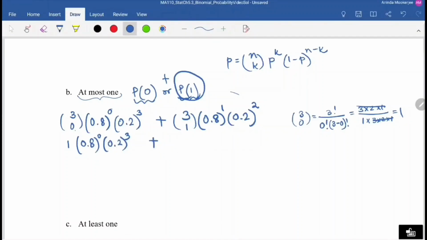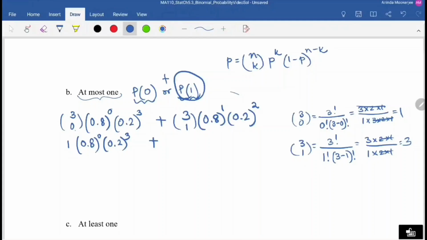Let's find 3 combination 1. It's going to be 3 factorial divided by 1 factorial times 3 minus 1 factorial, which is 3 times 2 times 1 divided by 1 times 2 times 1, which is a 3, right?